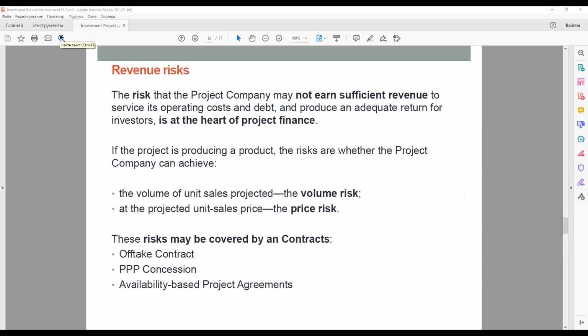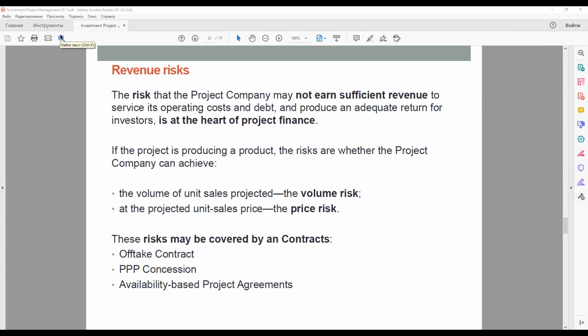The availability and other types of contract agreements we will discuss later, but in short, it is a contract where your contracting authority, like the local municipal authority for which you build a toll bridge, agrees to pay you some amount of money for a specific volume of fares through the bridge.